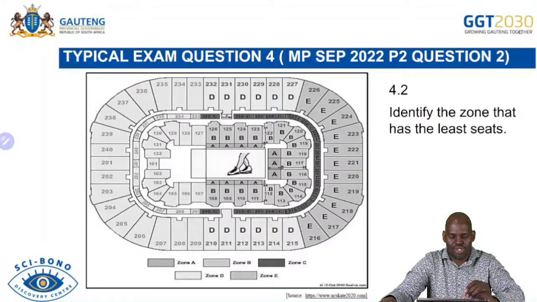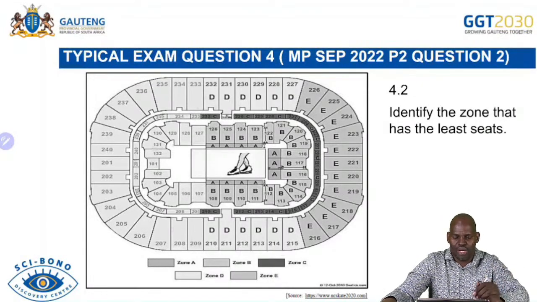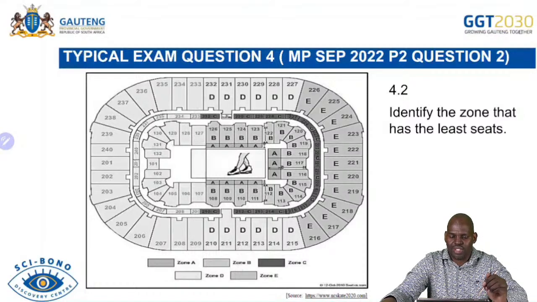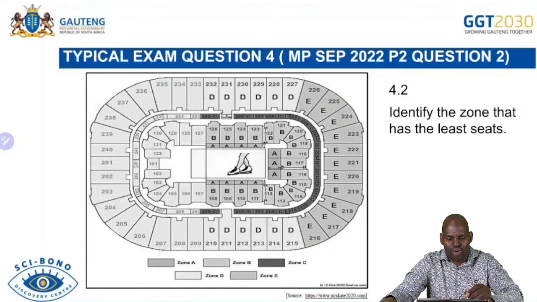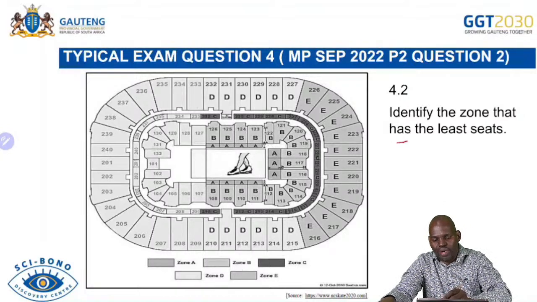And then we've got zone C, we've got zone D, and then we've got zone E. So in this case, they say identify the zone that has the least. So the least will obviously be this one, zone A. So zone A is the one that has got the least seats.